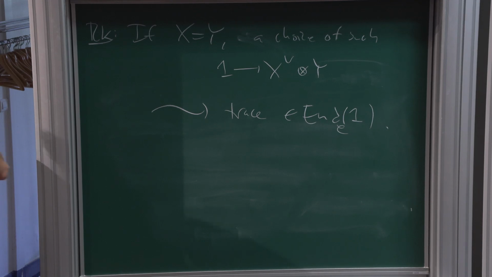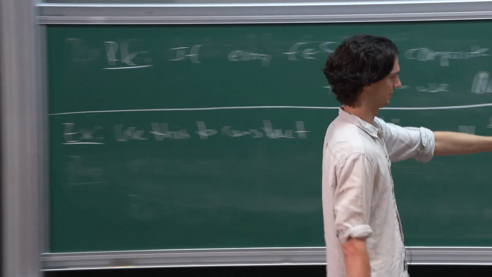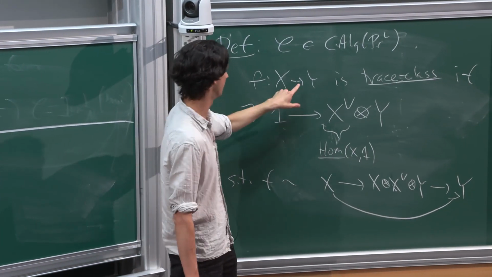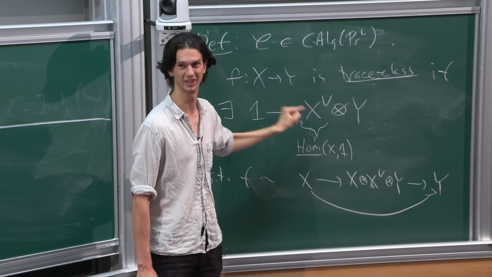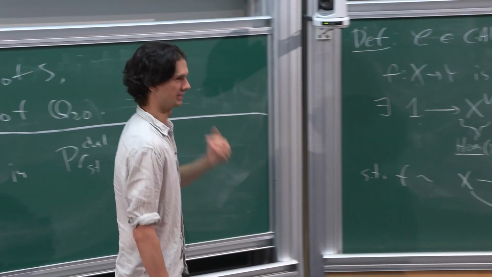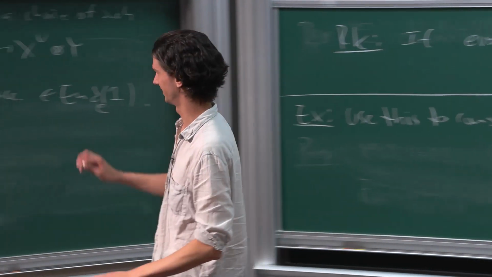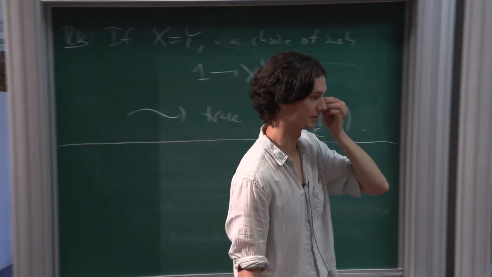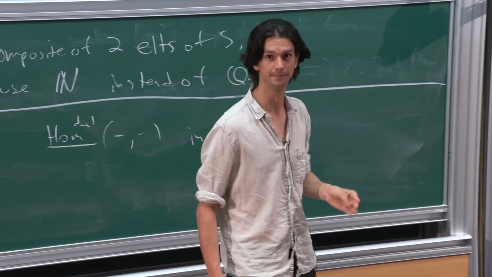There's a bit of an annoying business, which actually doesn't cause problems in practice, that if you fix only the homotopy class of f, then there could be several different so-called witnesses to f being trace class. And each one of them potentially gives you a different trace. But okay, we're not actually going to use this notion of trace or anything. So I just wanted to explain why it's called trace class.